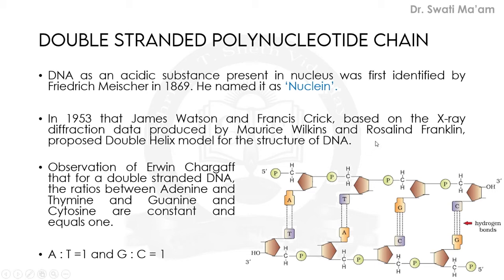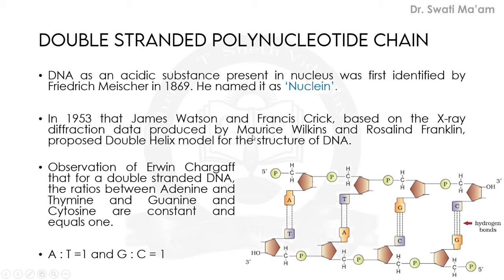It was a grand change in the biotechnological field as well as genetics. It was a great achievement, and due to this, within a few years we have been able to achieve so many things. Even clones are being made, and so many manipulations of genes are done nowadays. So its double helix model of the structure of DNA was a grand hit.